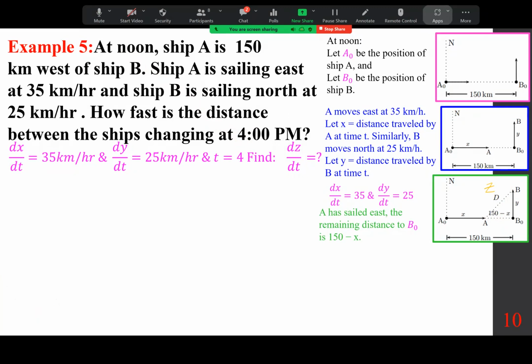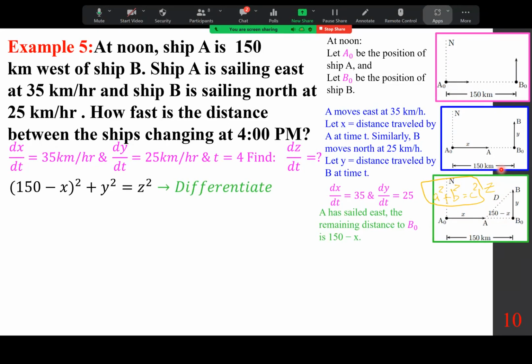We know the Pythagorean theorem says A squared plus B squared is equal to C squared. So this distance, which is (150 minus X) squared, plus this distance, which is Y squared, is equal to this distance, D or Z, squared. Let's go with Z because we are using X and Y.